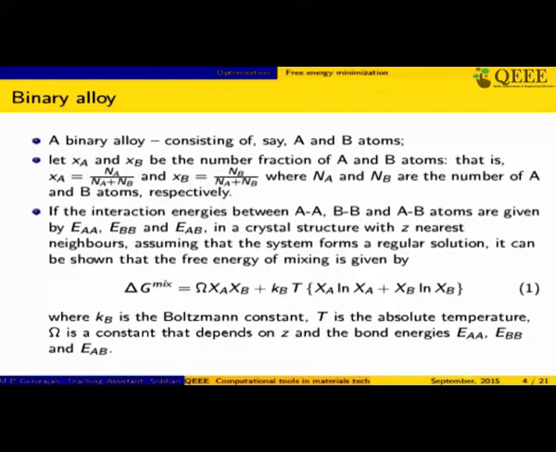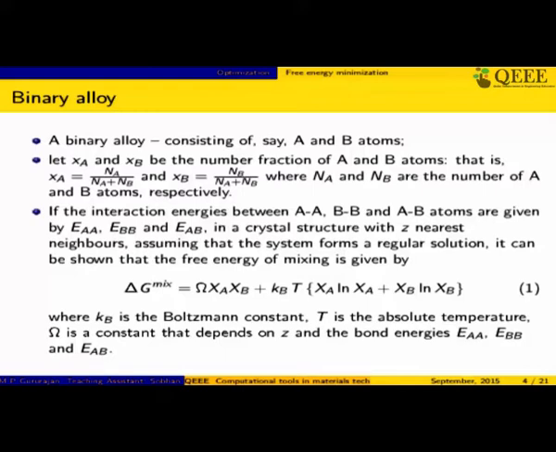Solid phase transformations, for example, take place at constant temperature and constant pressure. So you can write the relevant free energy and minimize. What we are going to consider today is a binary alloy, and it consists of A and B type of atoms. That's why it's a binary alloy. XA and XB are the number fractions of A and B atoms.